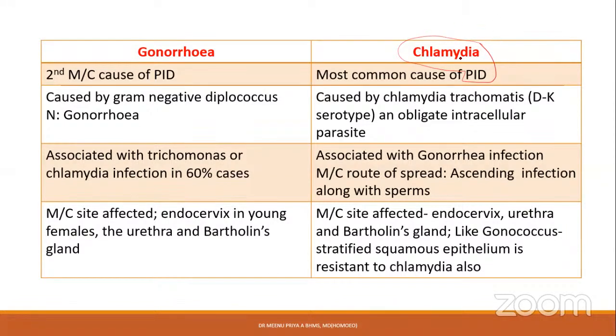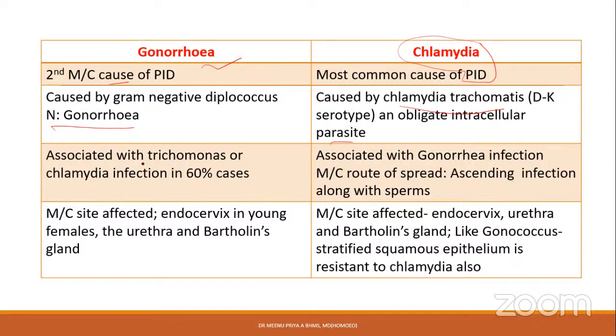The second most common cause of PID, after chlamydia, is gonococcus, gonorrhea. Always remember the causative organism is Neisseria gonorrhoeae, and here it is Chlamydia trachomatis. It is D to K serotype and an obligate intracellular parasite.